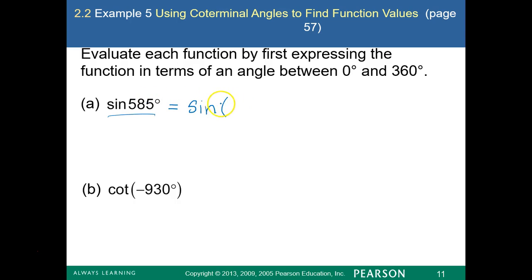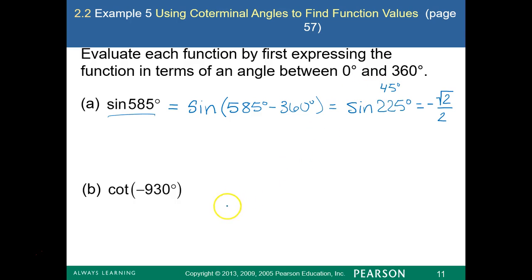So subtract 360, find that coterminal angle. And that gives us sine of 225 degrees. Now, we have already found sine of 225 degrees on a previous slide. If you look back on that slide, you would see our solution to that was negative square root of 2 over 2, because the reference angle for 225 was 45 degrees.